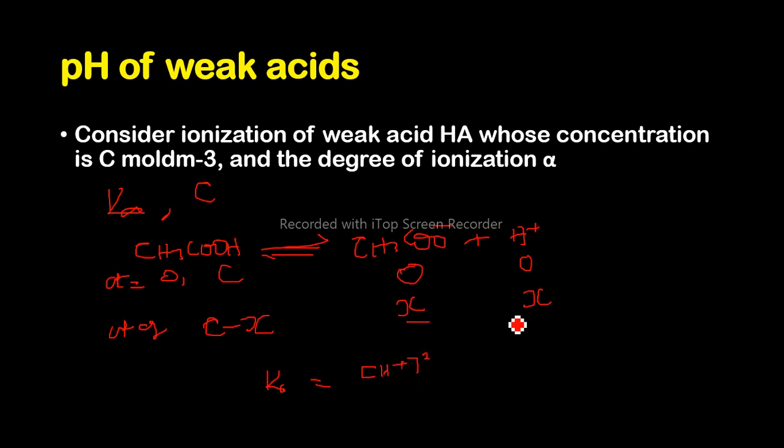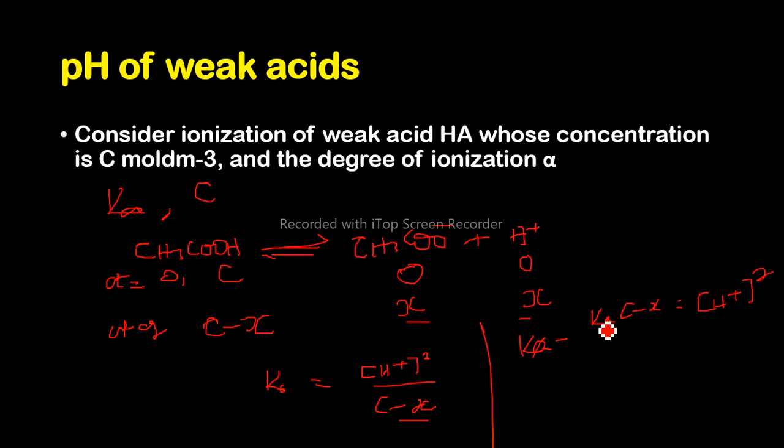Because it is all X squared out of C minus X. So if you take this side, it will be Ka times C minus X. It should give us the concentration of hydrogen ions squared.